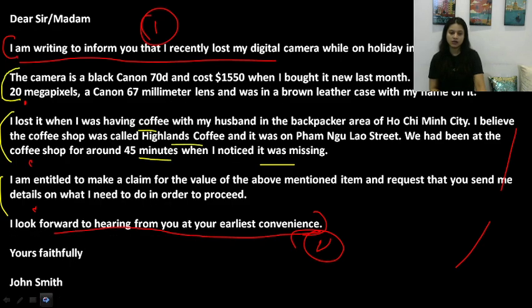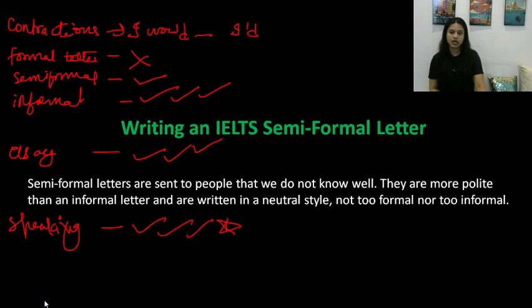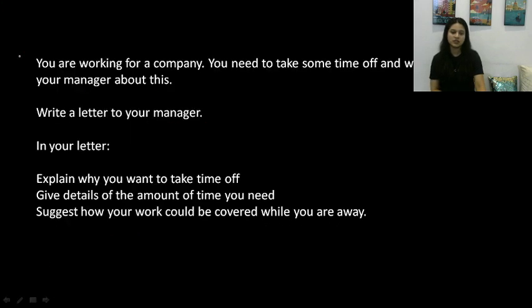Now, after this sample, you have another kind of letter, which is the semi-formal letter. So just read this question.